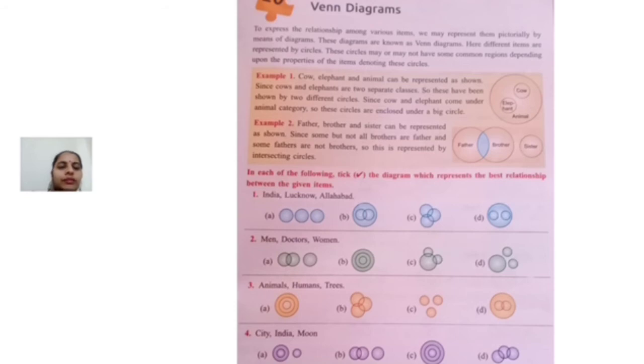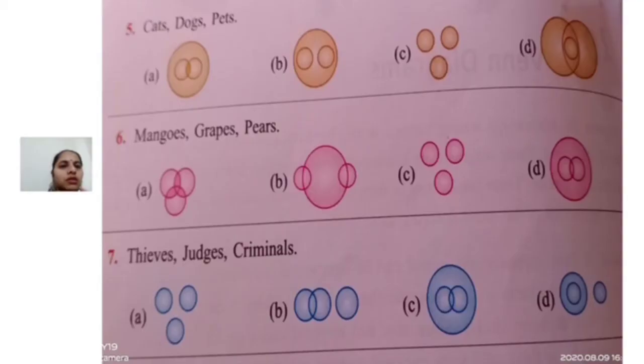Got it? Next, cats, dogs and pets. So we all know that cats are also pets and dogs are also pets. So what will be the correct answer? A will be the correct answer.